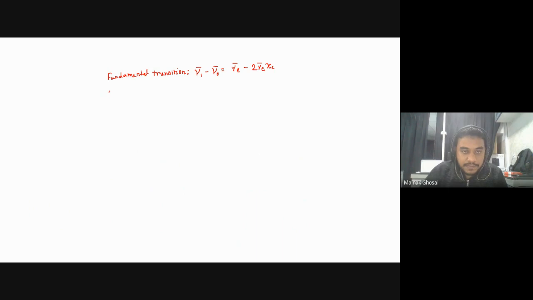And for the first overtone, its value was nu 2 bar minus nu 0 bar. What was the value?